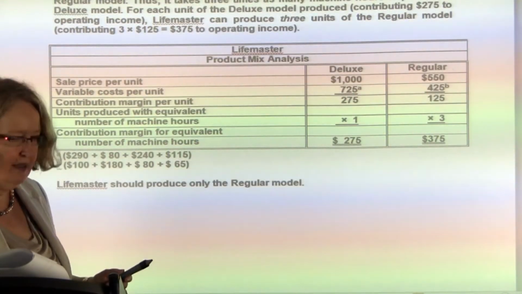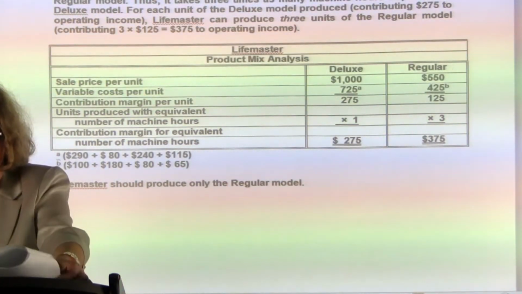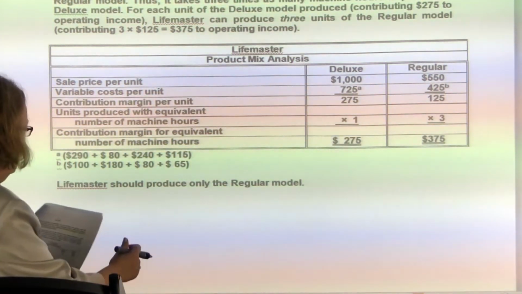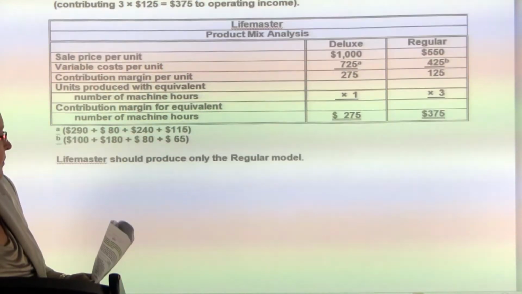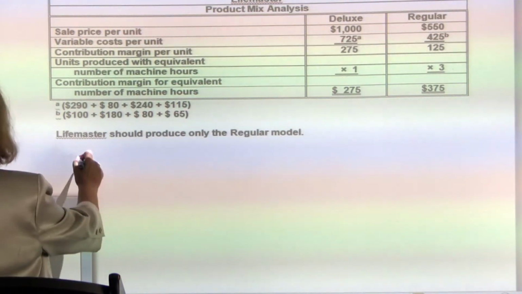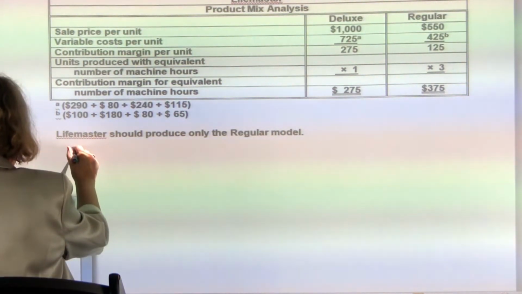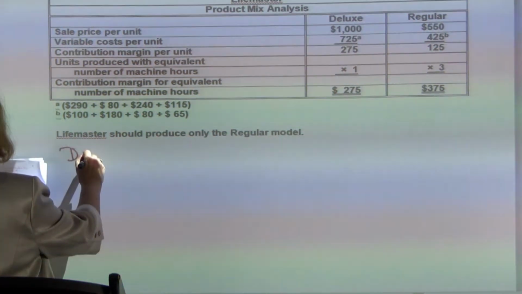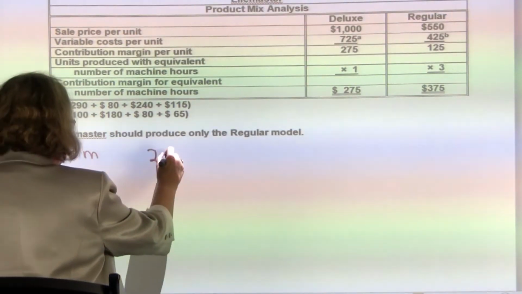So the variable cost per unit, when you're looking at the numbers here, so the $290, we'll just write them down here. So your variable cost is, you have your direct material, $290.